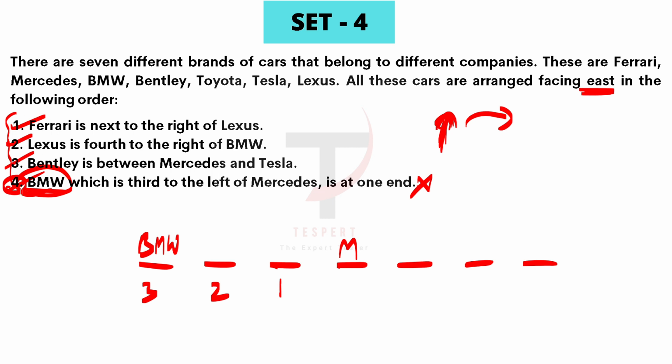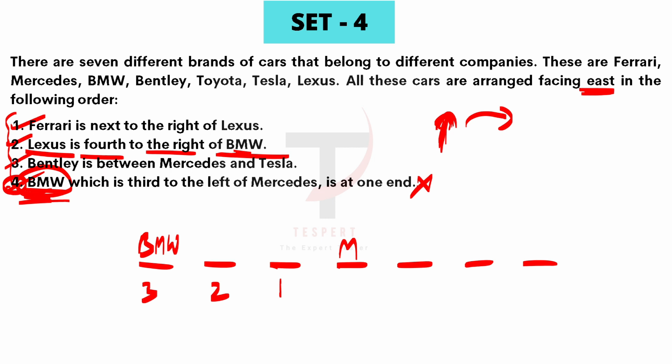If we consider the second statement, Lexus is fourth to the right of BMW. Why I chose the second statement is because it is interlinked with the fourth statement. Here we have BMW, and in the second statement also we have BMW. Lexus is fourth to the right of BMW, which means to the right of BMW it should be fourth.